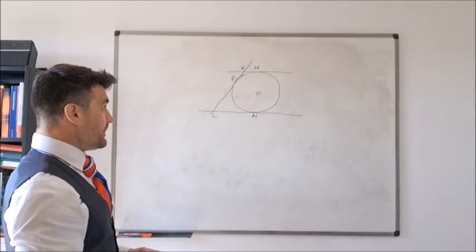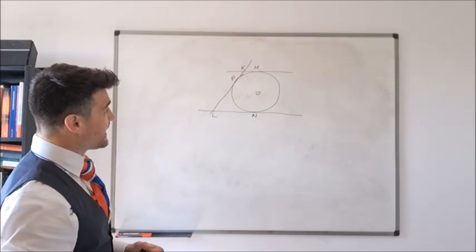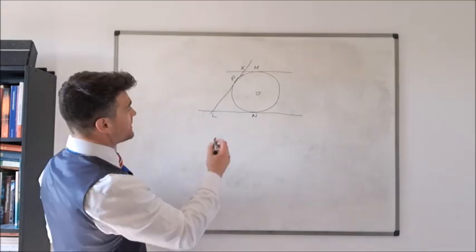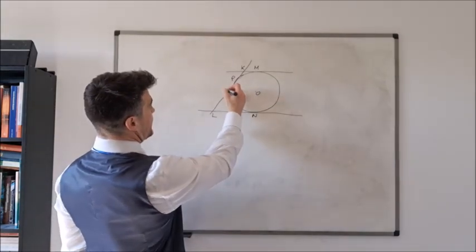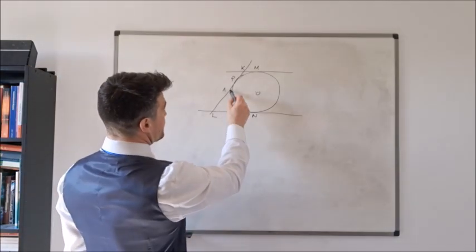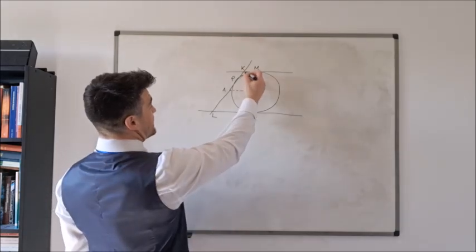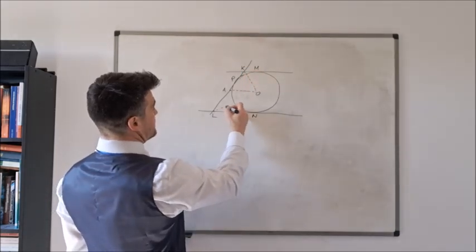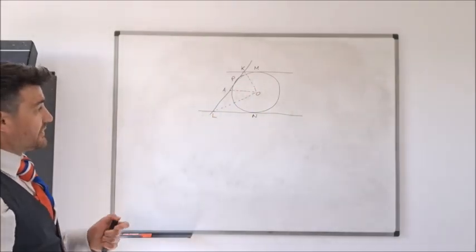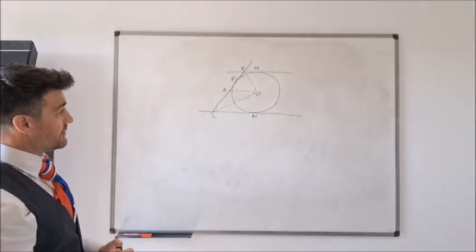One of the things that I was thinking about doing here was to show that if we've got the point A here, which is the midpoint of KL, then if I can show that the distance from A to O is the same as the distance from O to K and from O to L, that would mean that these are all radii of the new circle.